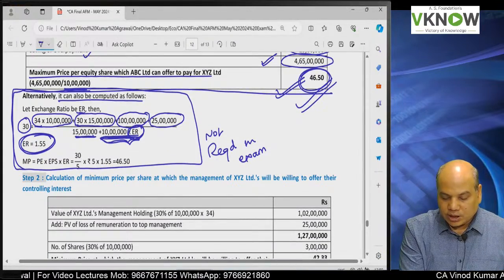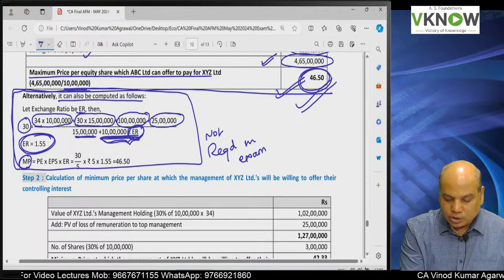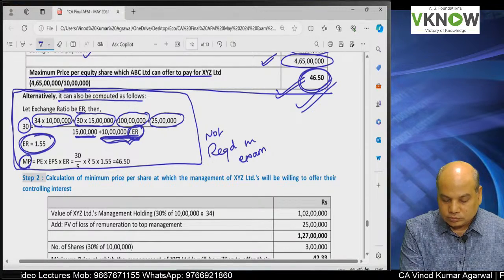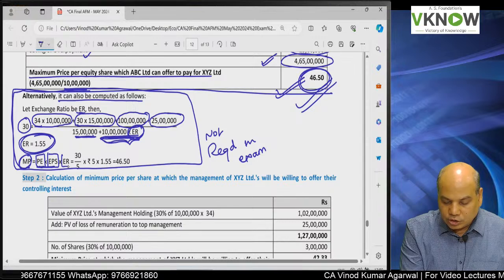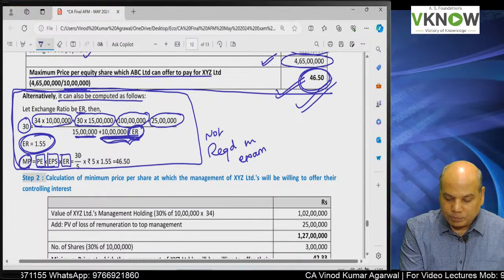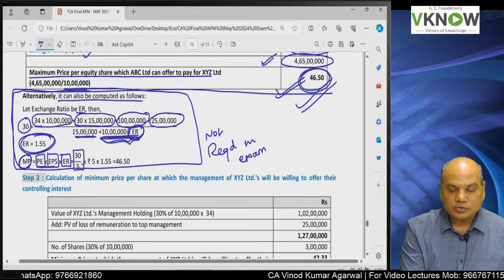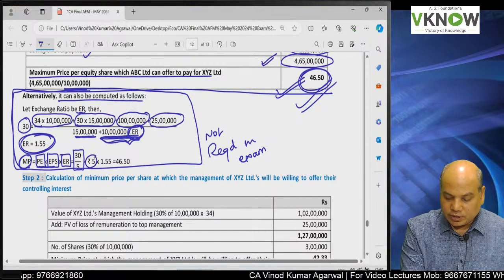Then the market price or the amount per share should be P/E ratio of ABC into EPS of ABC into exchange ratio. P/E ratio of ABC will be 30 by 5.6 into EPS 5, 30.